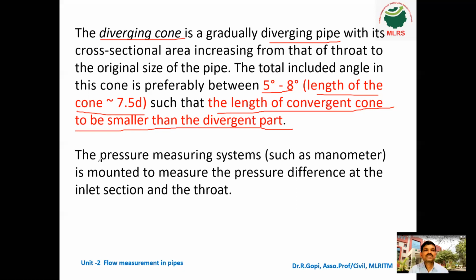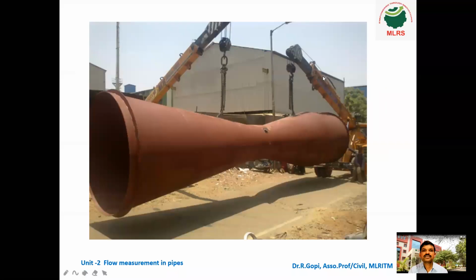The pressure measuring system, such as the manometer, is mounted to measure the pressure difference between the inlet section and the throat. So these are the salient features of the Venturi meter.